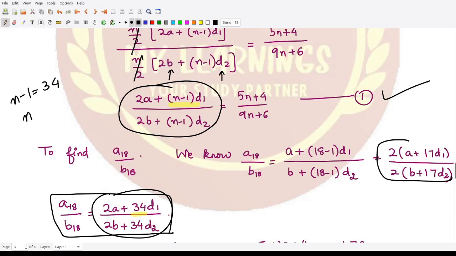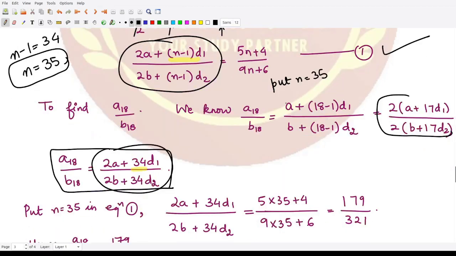So that means if we substitute n is equal to 35 here, we would have our answer. So let us put n is equal to 35 in our equation number 1, so that we would have 2a plus 35 minus 1, which is 34 d1, divided by 2b plus 35 minus 1, which is 34 d2, right?